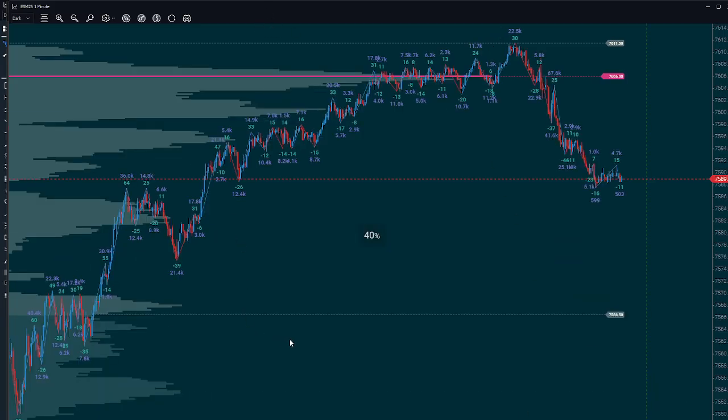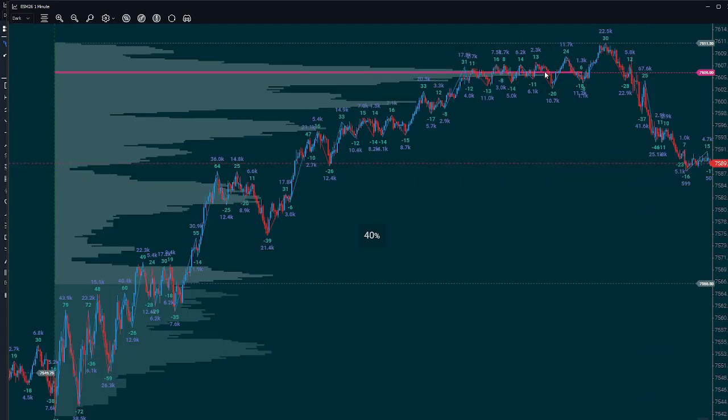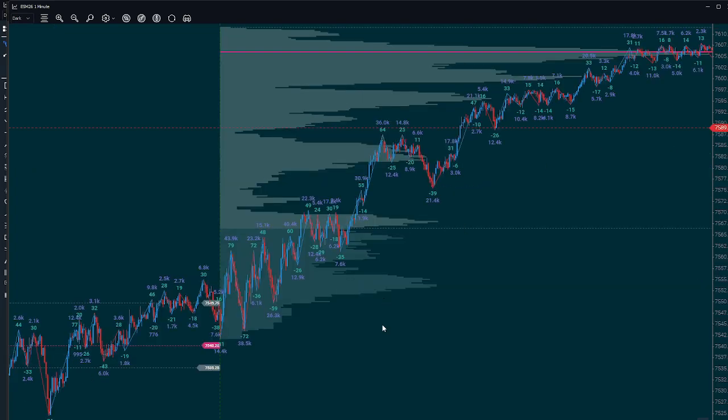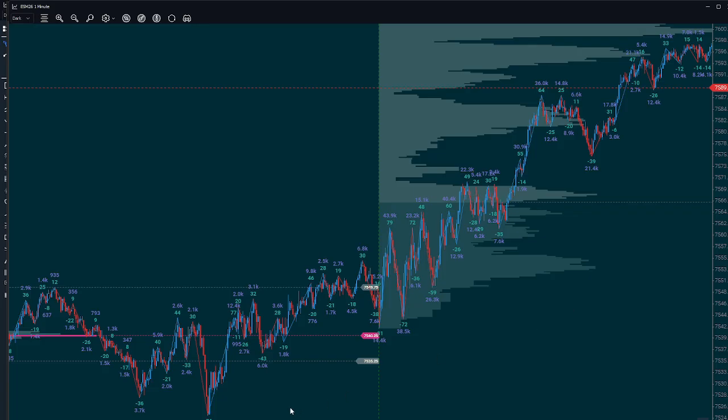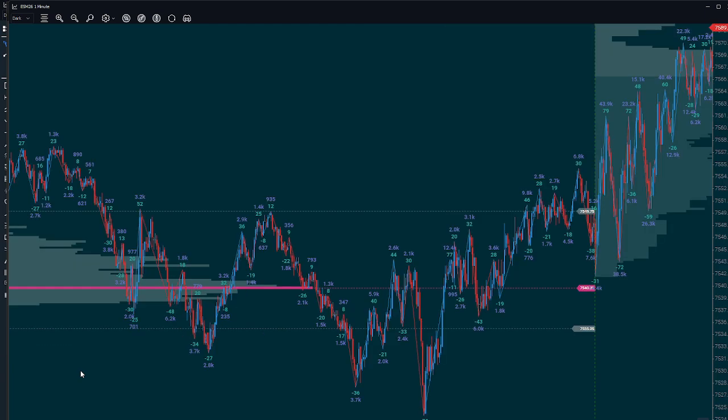So around the point of control, you see how it migrated over the top, but it's actually getting weak over there. Around 9 a.m., 7:30 a.m., there was a spring of the previous session. Previous session was balancing out overnight, especially.